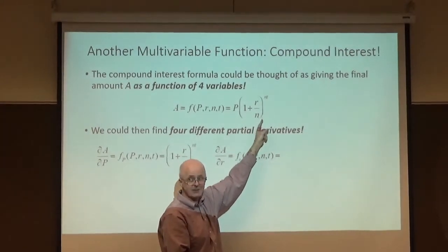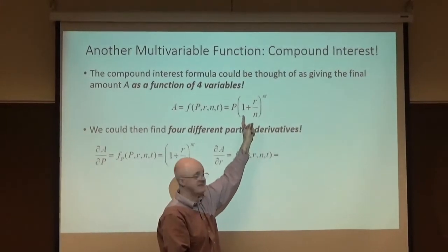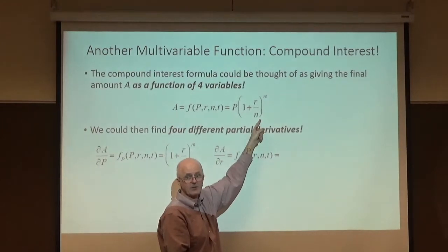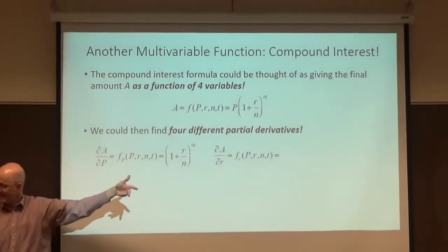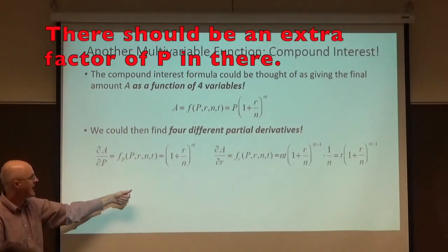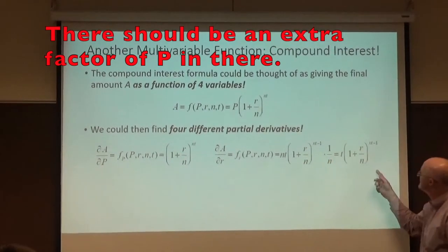The derivative of the inside with respect to r, I hope you see, is 1 over n. That would differentiate to 0. This differentiated with respect to r will give you the constant 1 over n. So that's the extra thing that gets multiplied at the end by the chain rule, and the answer is this. The n's ultimately cancel. You can simplify this.